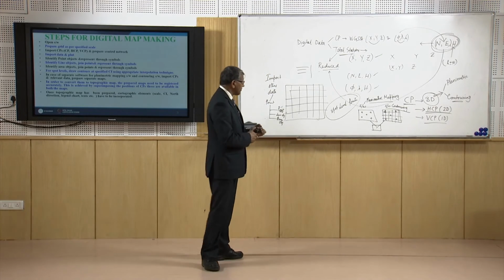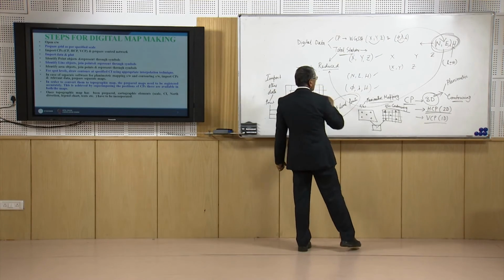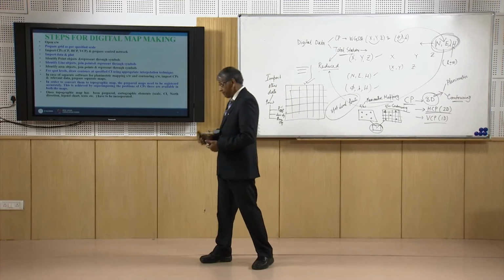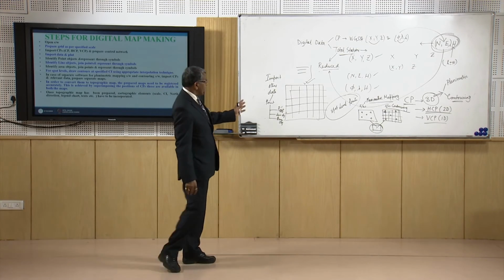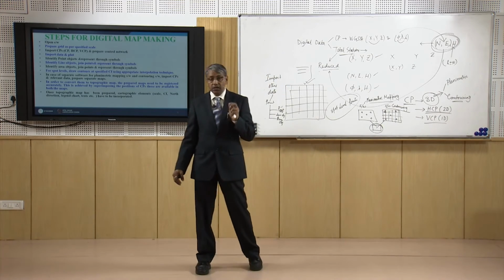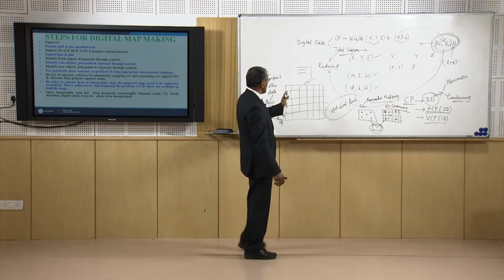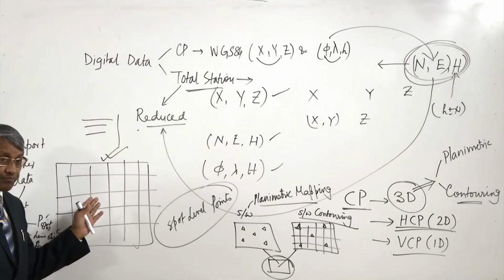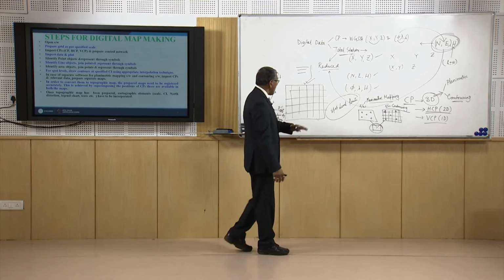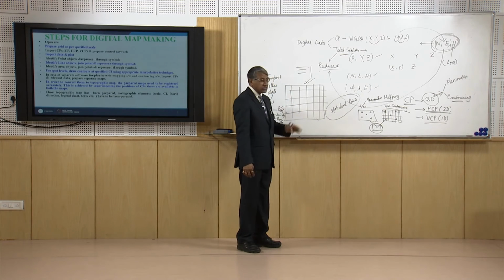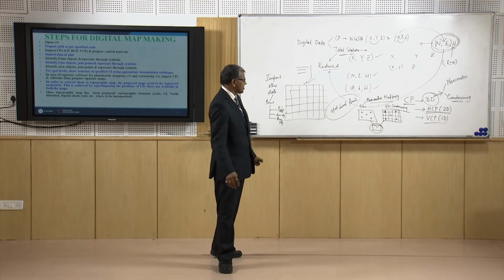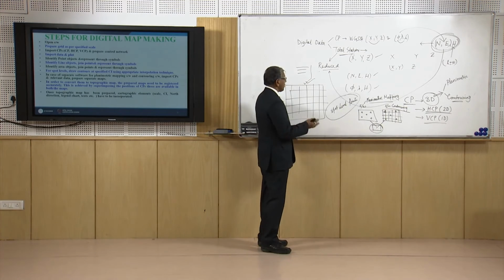Now, once we get the topographic map, either independently or by registration, we have to check all the details as well as the contours: whether the details available in the map actually represent what is available in the field, and whether the contours represent the appropriate nature of the field or not.